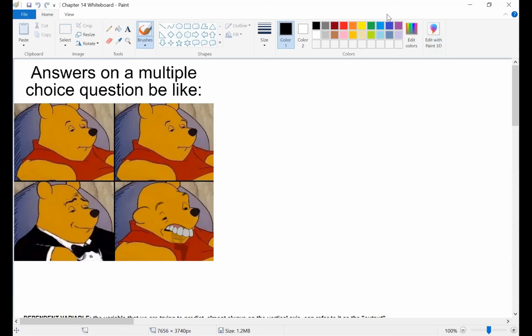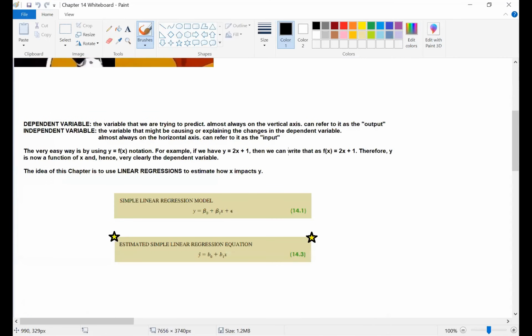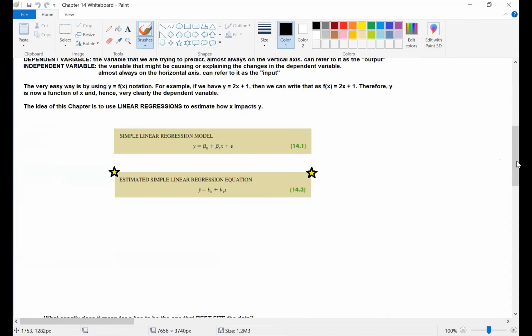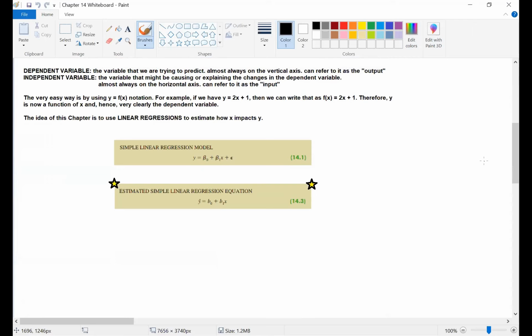But enough with that. Let's get into our regressions and correlation coefficients. The variable stuff, I am very sure you've seen this before, pretty likely in a science class. The way I think it's easy to define, at least for this class, is that the dependent is the output, the independent is the input.